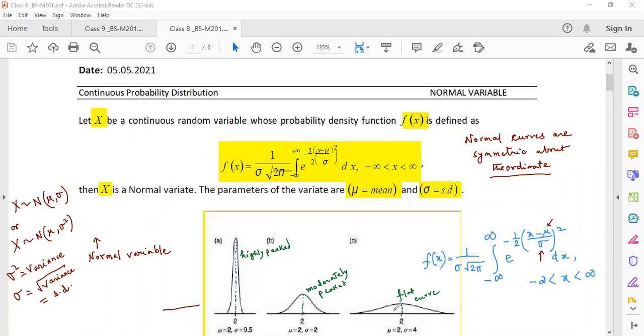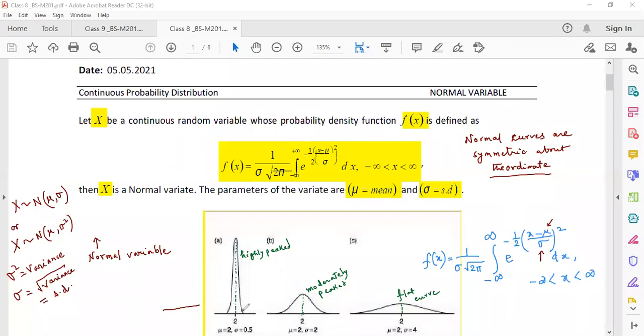Number of points here will be equal to the number of points there, but this number of points is infinitely large. So actually we do not call it number of points. We say that the left hand side of the curve contains 50% of the total area in all these three cases.